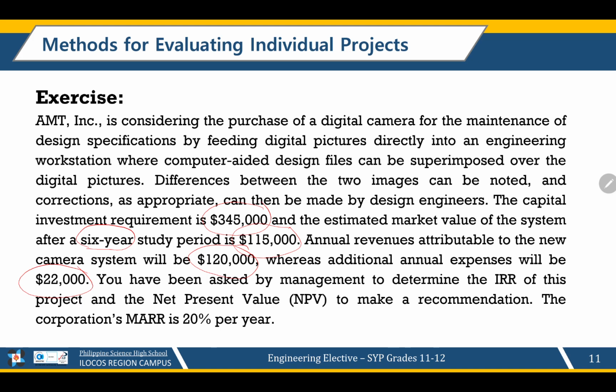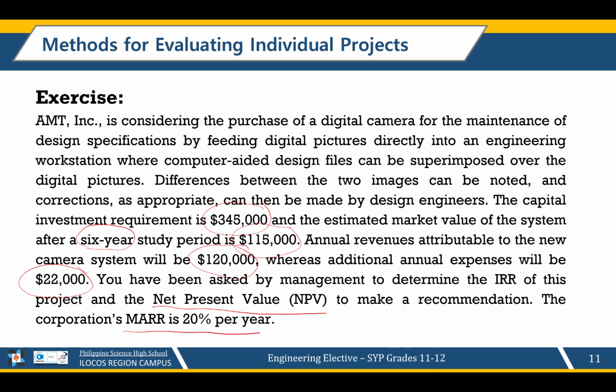You have been asked by management to determine the IRR and also the net present value so that you can make your recommendation. Take note that the MARR, or the hurdle rate, is given as 20% per year.